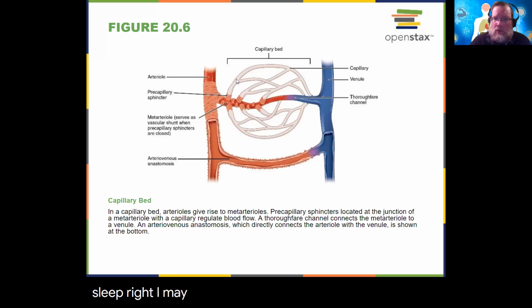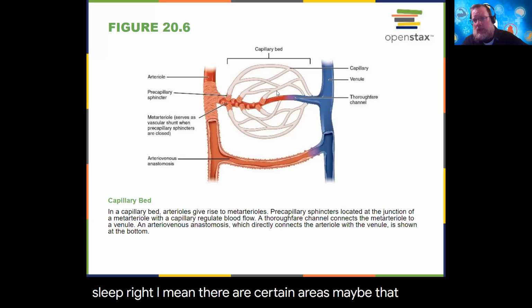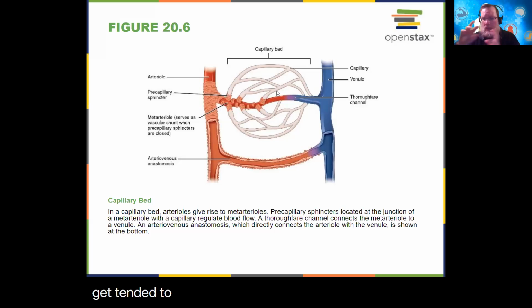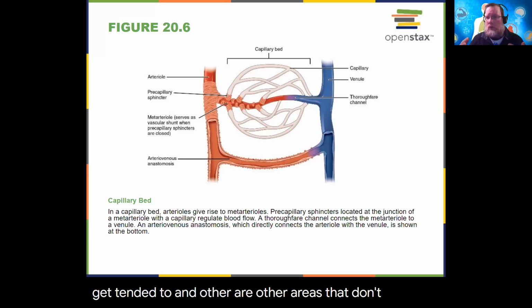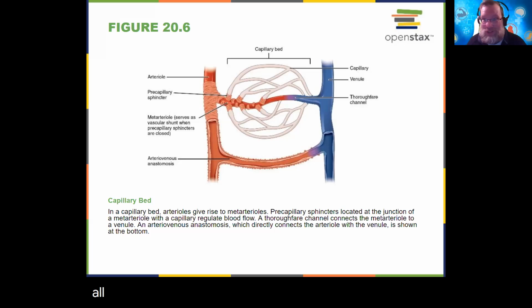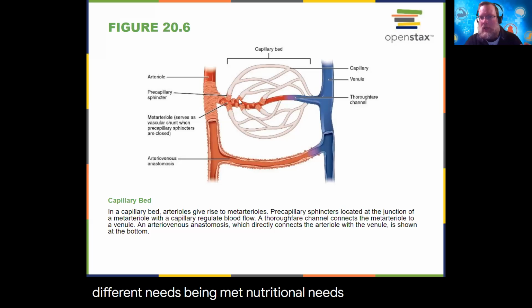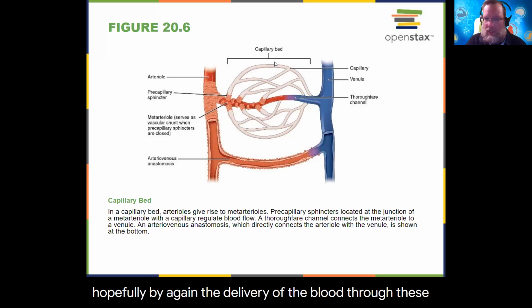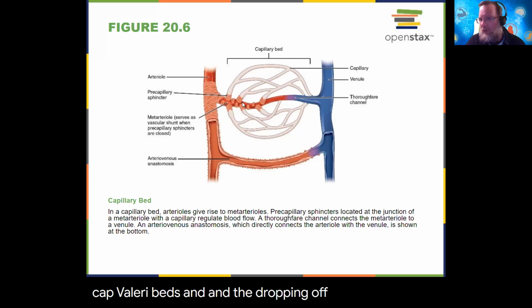There are certain areas that get attended to, and other areas that don't. So really, all hours of the day, sleeping and waking, we see different nutritional needs being met, hopefully by the delivery of the blood through these capillary beds, and the dropping off of the nutrients. And I can regulate all of that with these little sphincters.